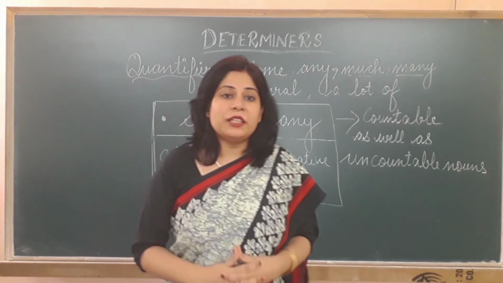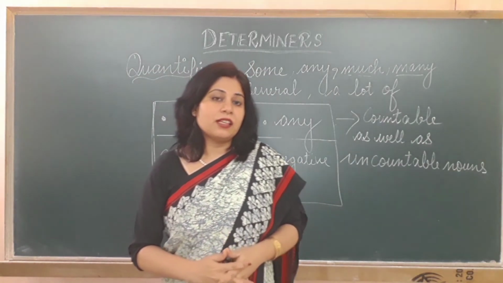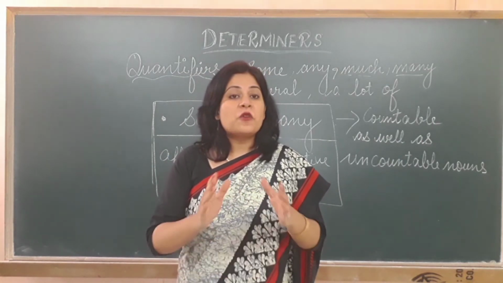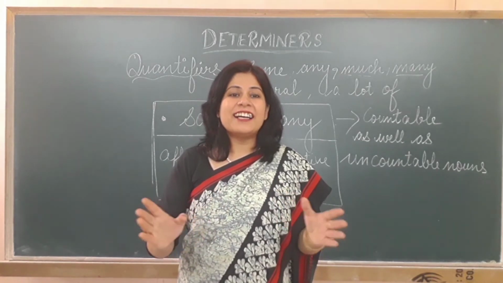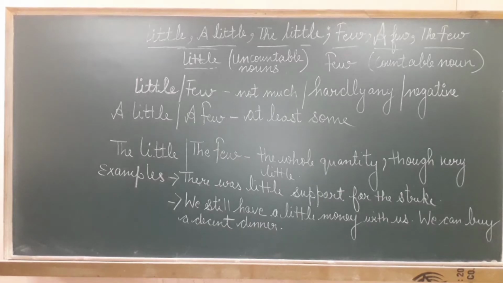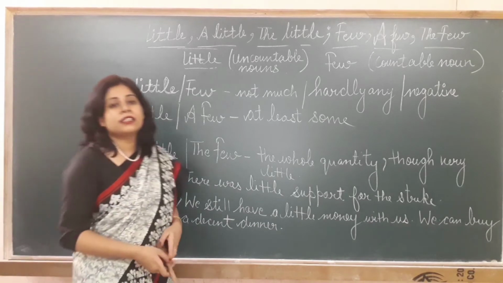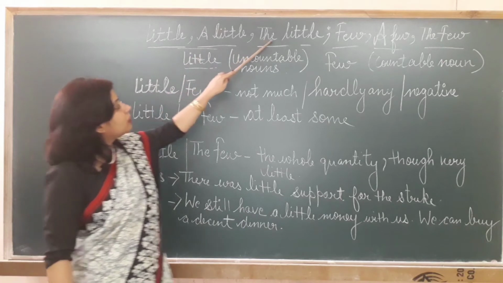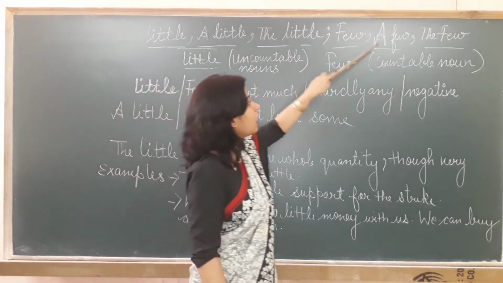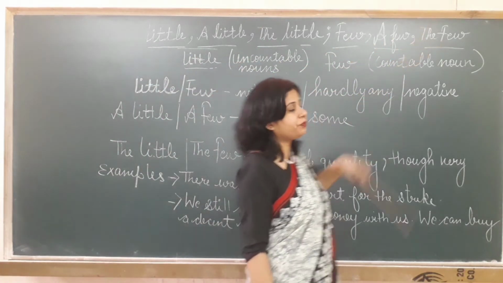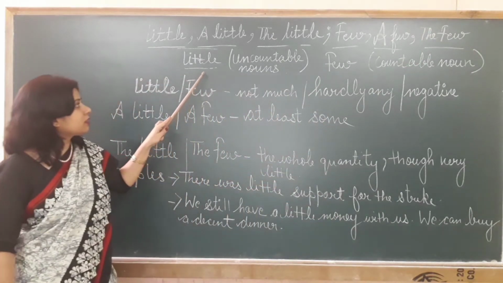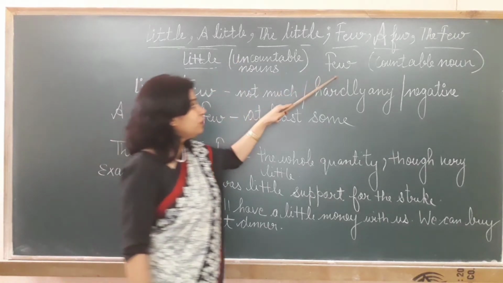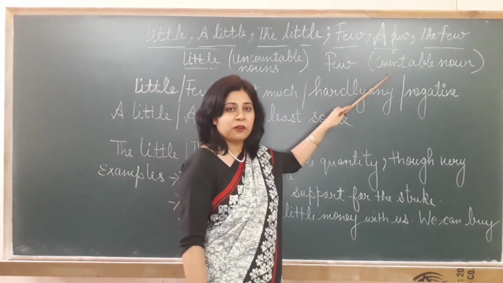Now next I'll explain to you the difference between little, a little, the little, few, a few, the few. Alright, now let us understand. Little is used before uncountable nouns and few is used before countable nouns.